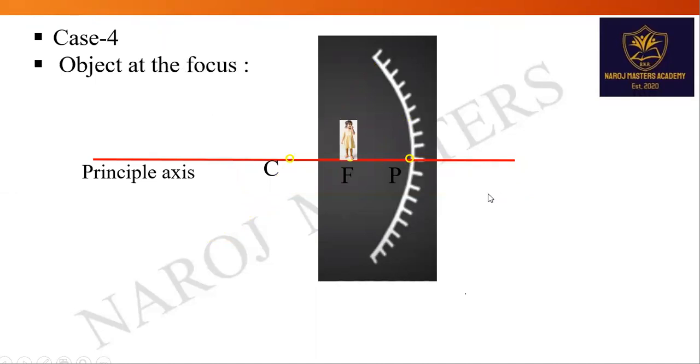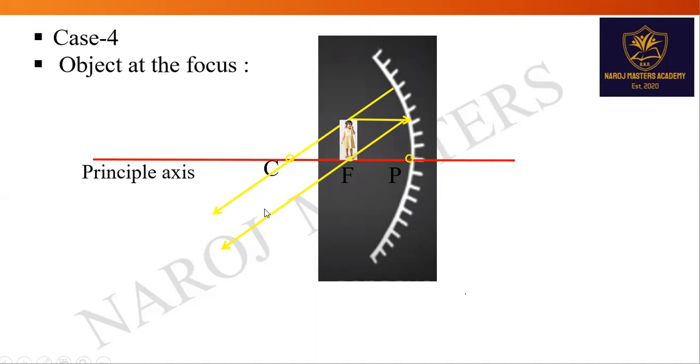So guess where we will get our image. To get that, pass the light rays which are parallel to the principal axis, and they get reflected through the focus. Here it is not possible to pass the light rays through the focus, so just pass either through the center of curvature or through the pole. I am passing the light rays through the center of curvature. By seeing these two light rays, we can say that they are parallel to each other.